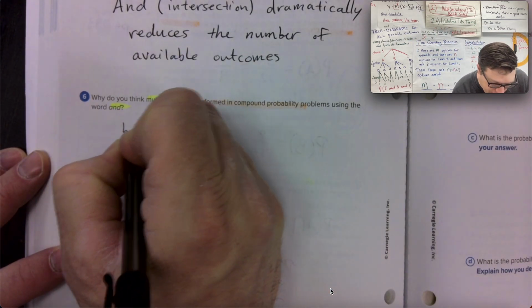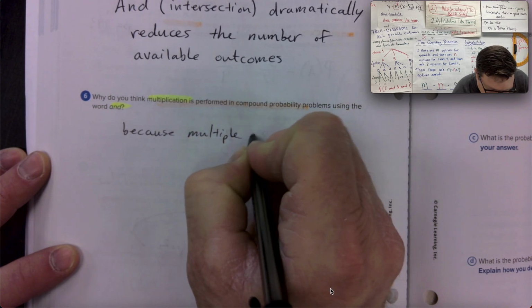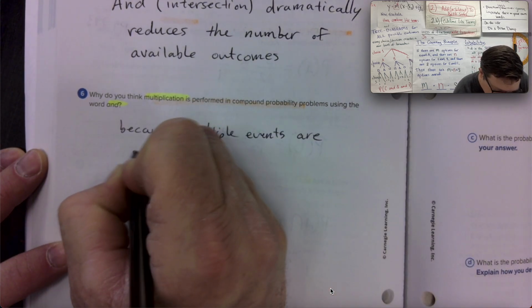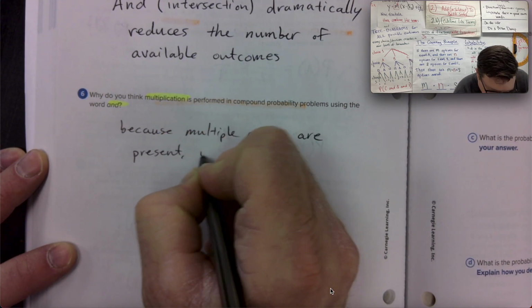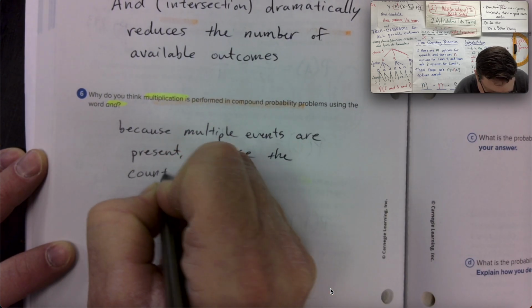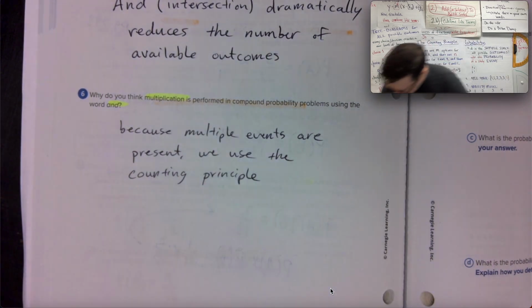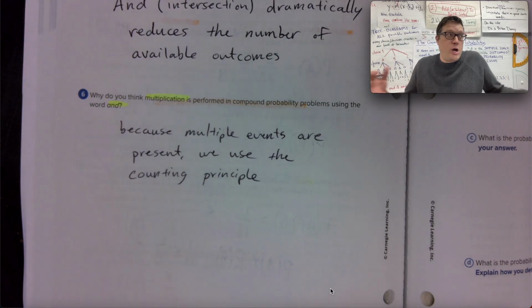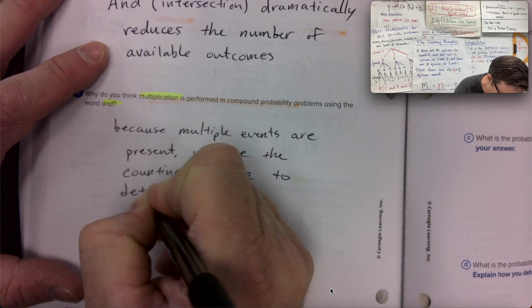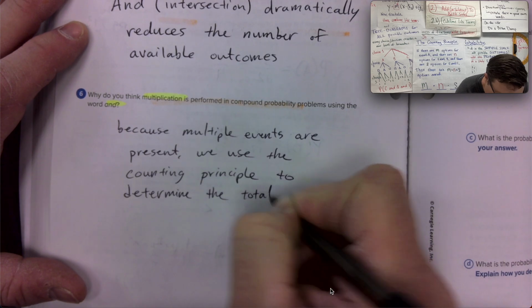Because multiple events, plural, are present, we use the counting principle to determine the total number of outcomes.